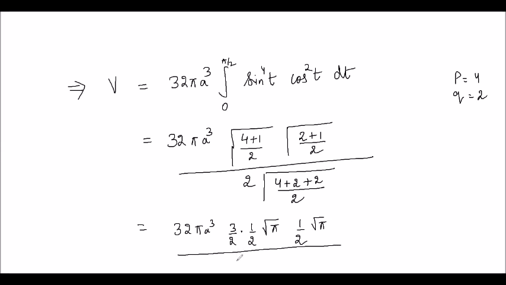Then we have 2 here, and we have gamma of 4, which can be written as 3 factorial. When we simplify it further, it will be the same result which we had to prove, pi square a cube.